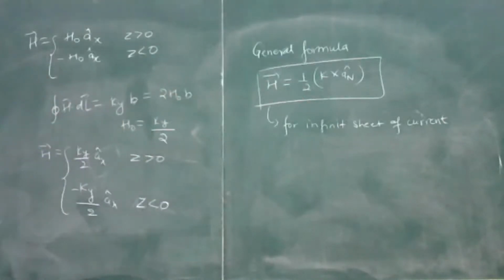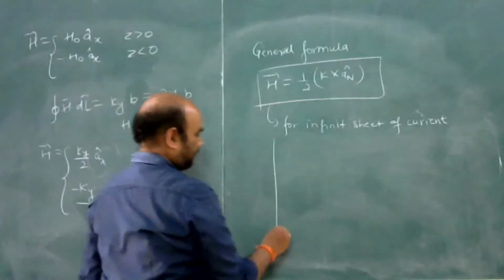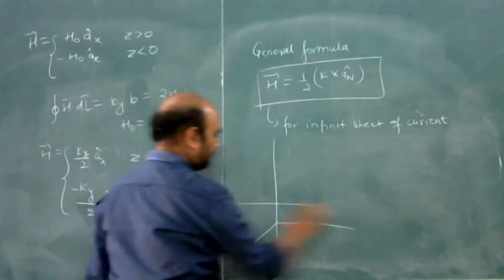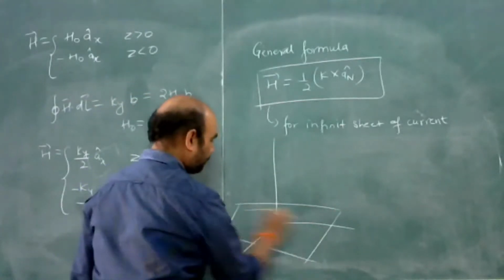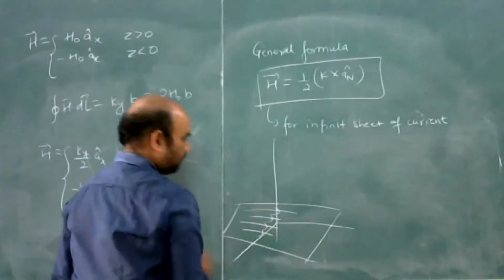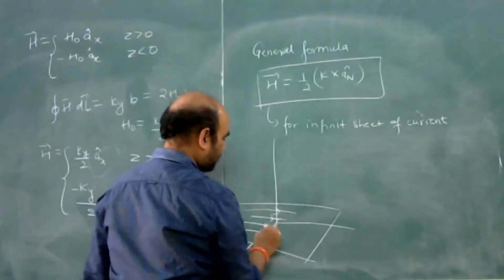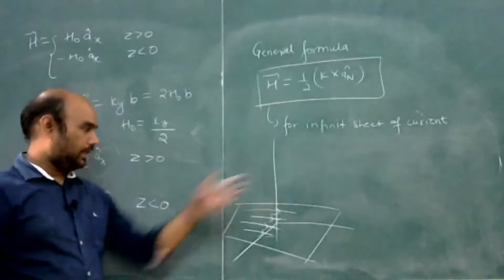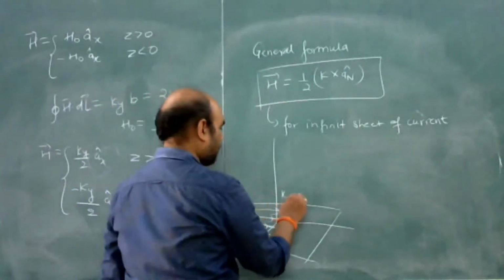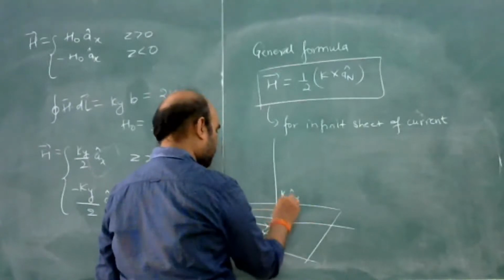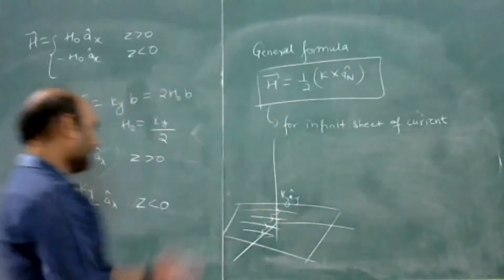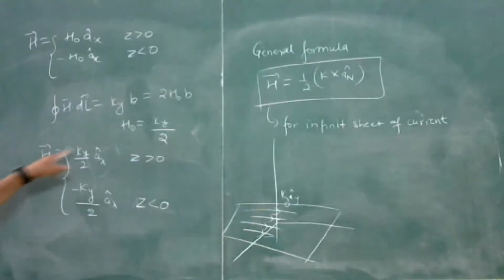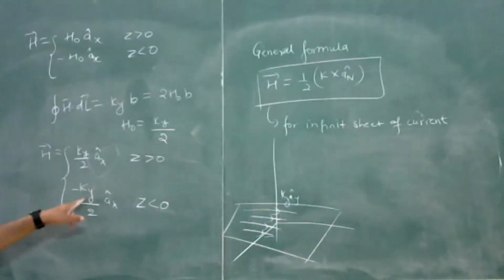So when there is an infinite sheet of current like this, which is lying along the z axis, the current is flowing in the ay direction. So we are getting the value of H as Ky by 2 ax and minus Ky by 2 ax.